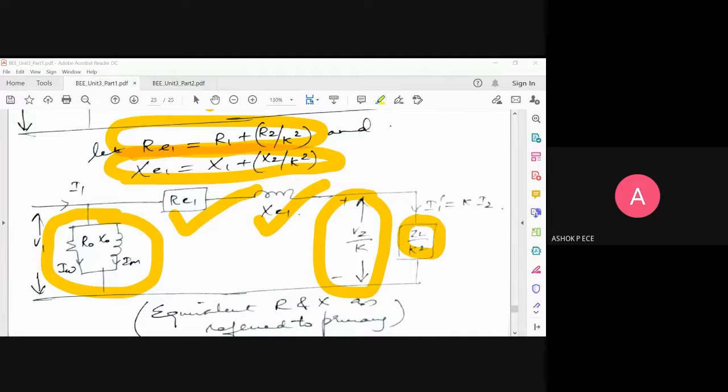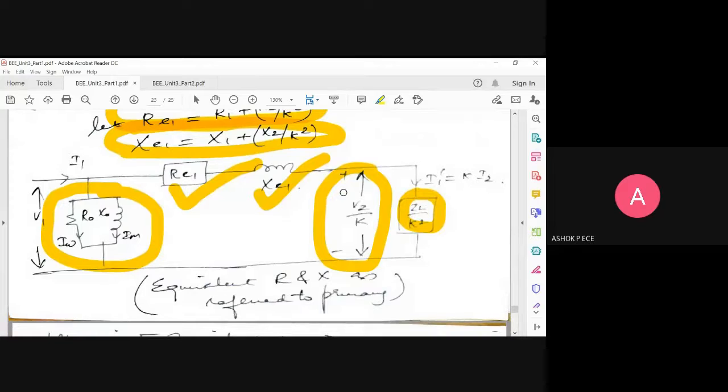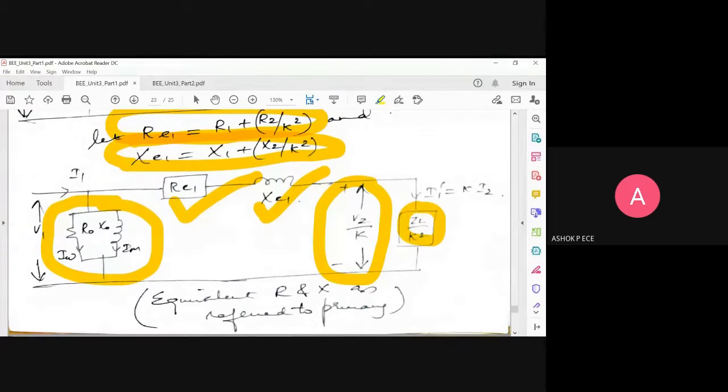What is the reason for the load not being clubbed with RE1 or XE1? What's the answer? Give a try. Don't be silent. Even if it is wrong, not an issue. We are learning. Just give a try.